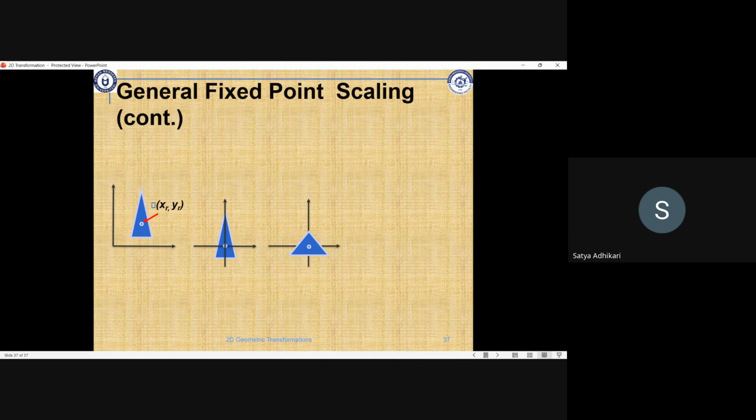Here the scaling is performed at the origin, so we have to come back. You see, the fourth one. Now I am able to perform the scaling operation with respect to any general fixed point other than the origin.